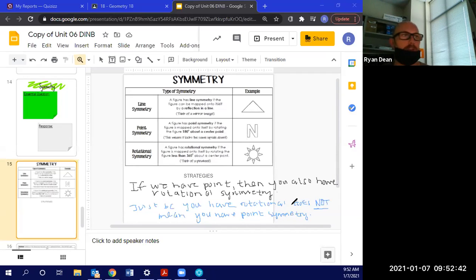This goes back to logic and reasoning. I'm not going to get into all the nitty-gritty details of it. But if you have point symmetry, based on the definition, you're rotating it 180 degrees. That means that you automatically have rotational symmetry, because rotational symmetry is any rotation that gets you the symmetric figure again.